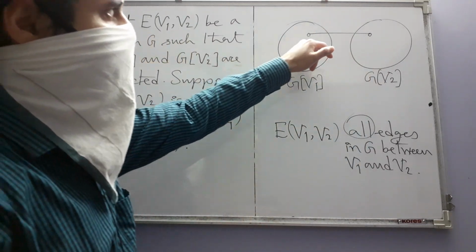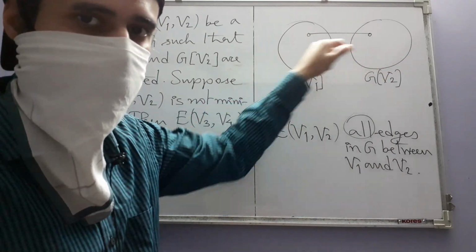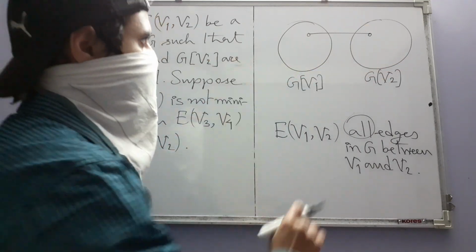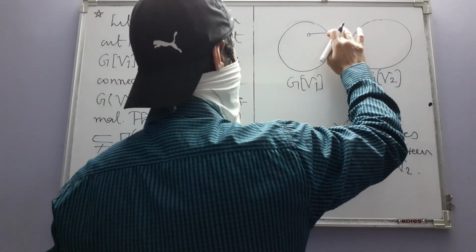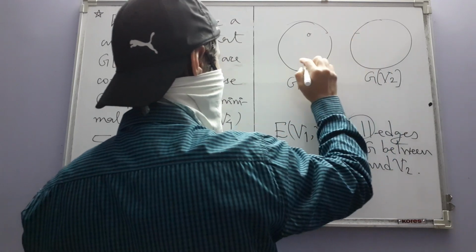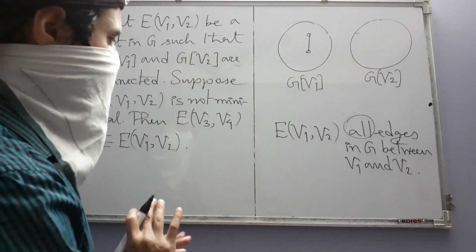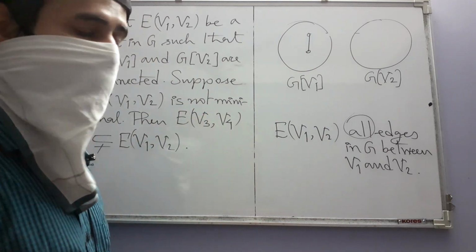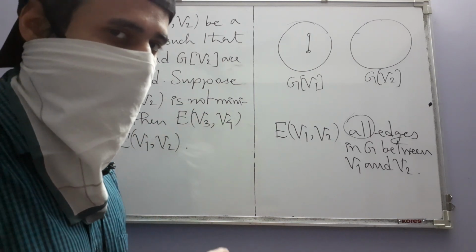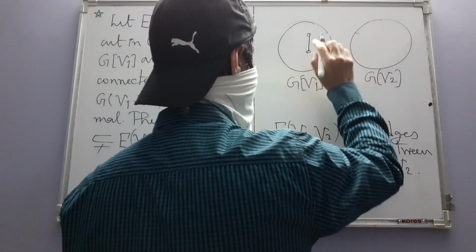You consider only the edges between these two parts. Now, if you move this vertex to this side and the edge now is not considered in EV3, V4, but that does what? It has consequences, because this is not the only thing that is happening.